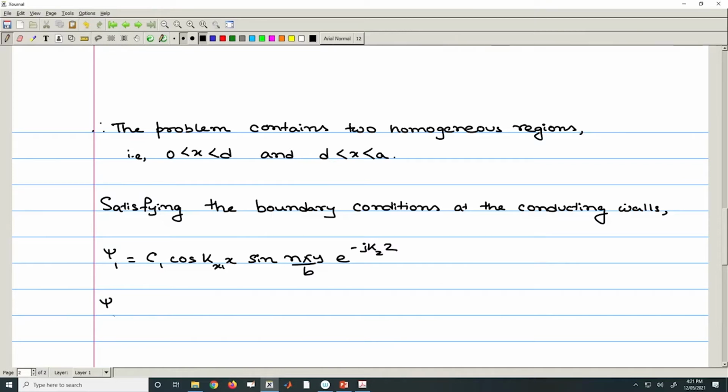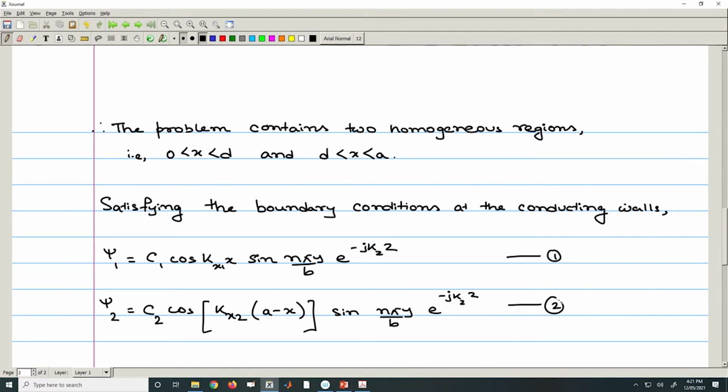And the second one, psi 2, is C2 cos of kx2 times a minus x sin of n pi y by b e to the power minus j kz z, with n equals 1, 2, 3 and so on.